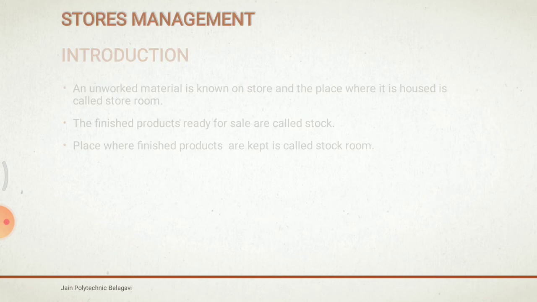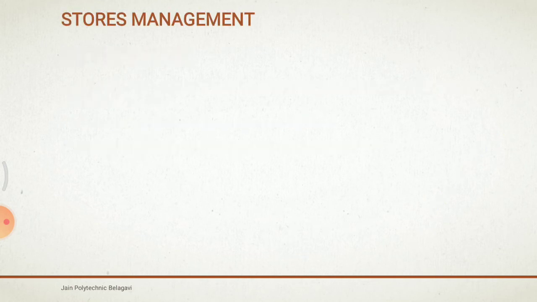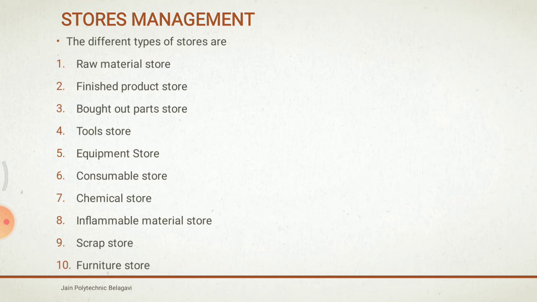The person who is responsible for maintaining the store is called a storekeeper. In small industries, the stores of different materials are maintained in a single storeroom, and a single person can maintain the storeroom.